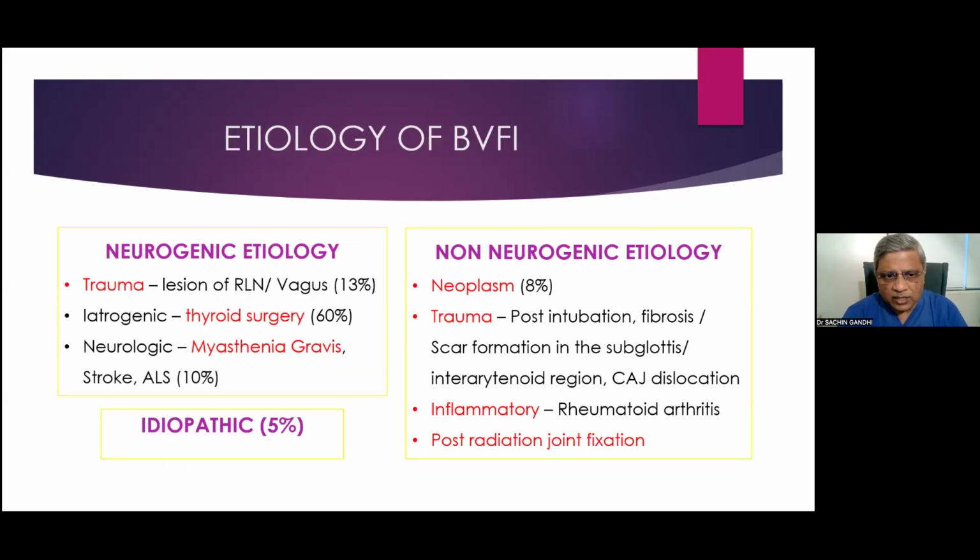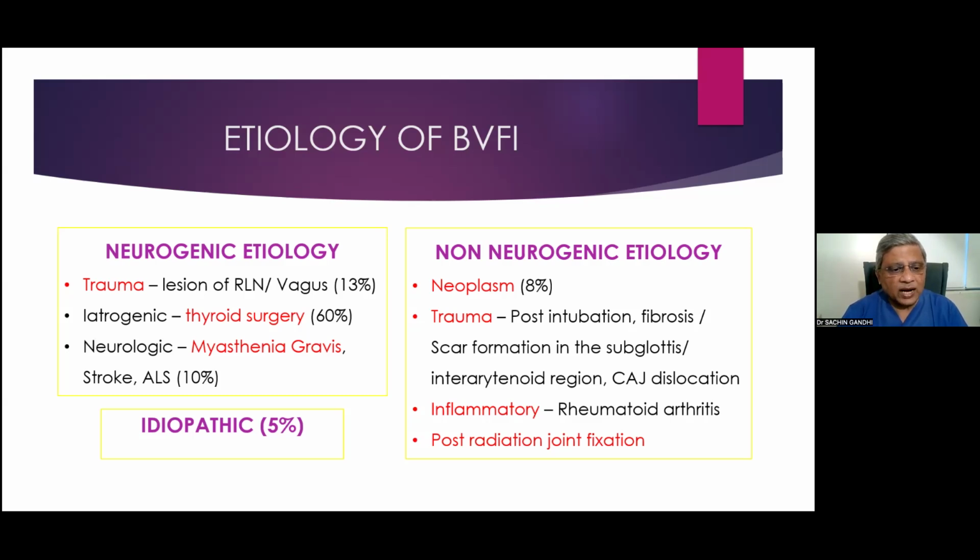So again, going back to the pathology or etiology, the laryngeal obstruction can be because of neurological origin, that is vocal cord paralysis, bilateral vocal fold paralysis, or bilateral abductor palsy. It can be because of external trauma or internal trauma, which could affect either the recurrent laryngeal nerve or the vagus.